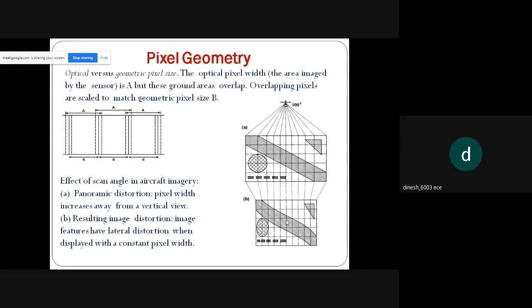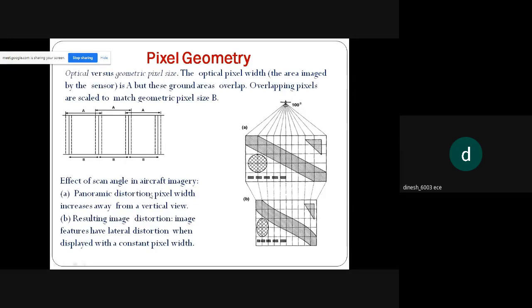So we have an area that is being imaged by the sensor as A, but in some places these get overlapped, where the overlapping pixels are scaled to match a geometrical pixel size B. You can see this in the left hand side diagram. So A's are being overlapped. So the exact resolution is being produced by geometrical pixel size B.